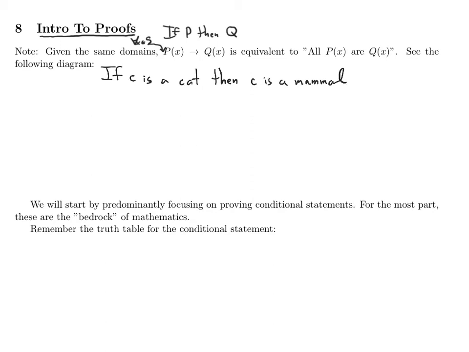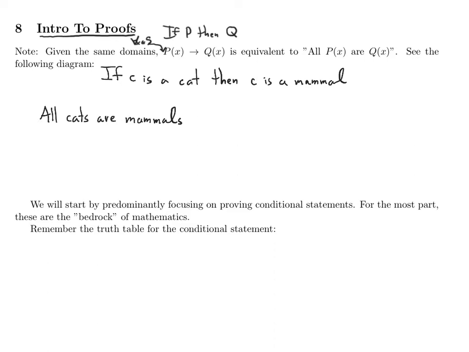And the way we can reword that, and I'll explain this in a second, is all cats are mammals. And for conditional statements that are always true, you can do this. I want to draw a little bit of a diagram to show why this is the case.